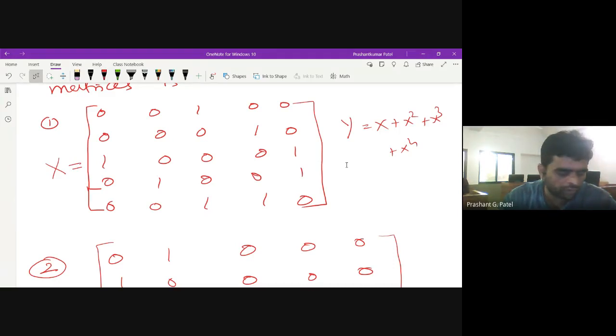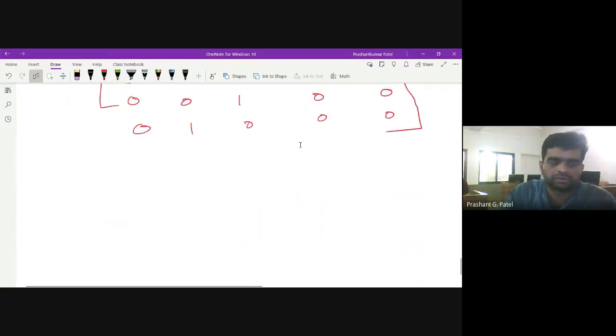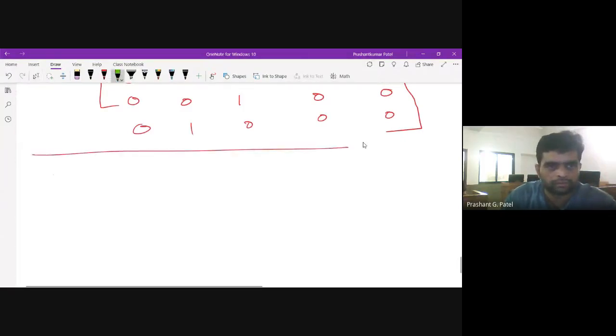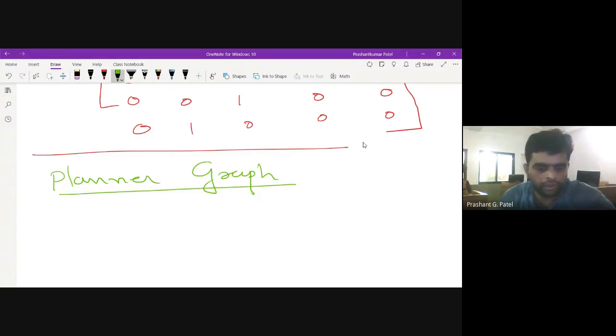This is called a planar graph. So the next topic is a planar graph. To understand a planar graph, first of all, you should know what you mean by a plane graph.